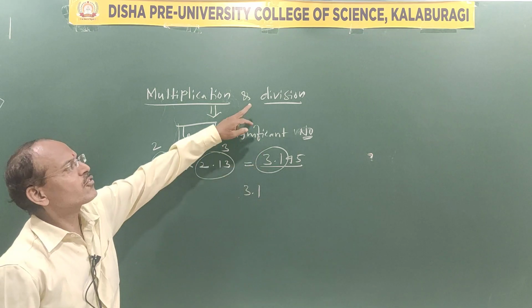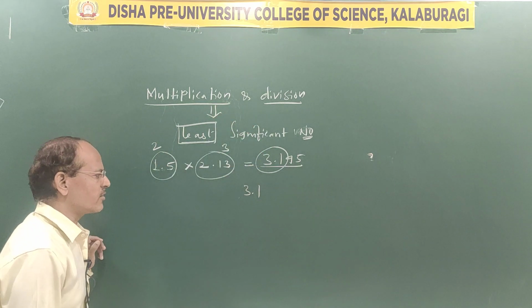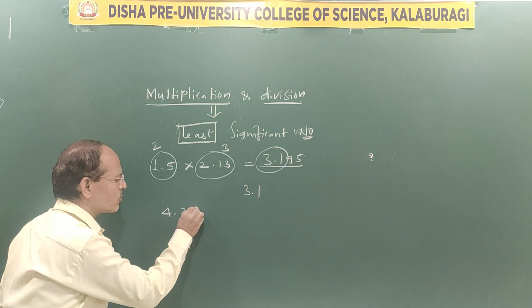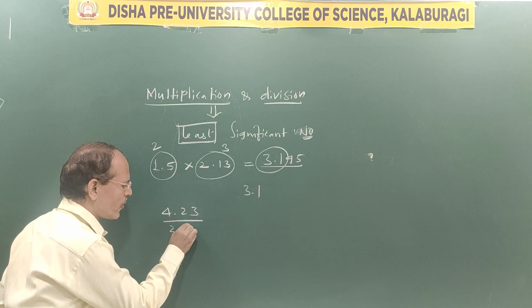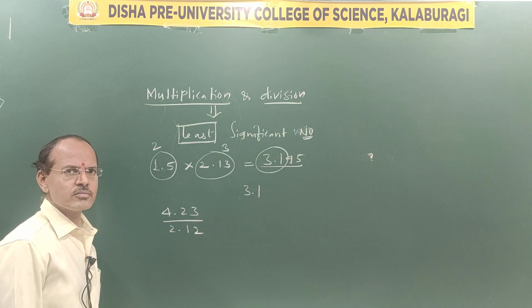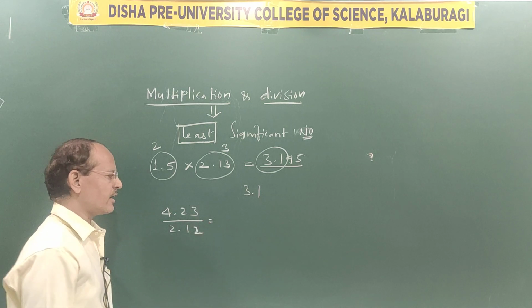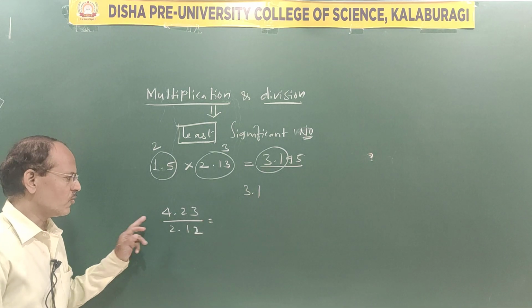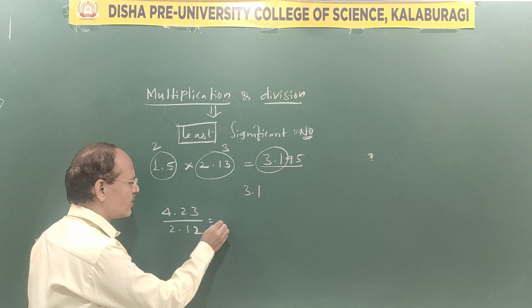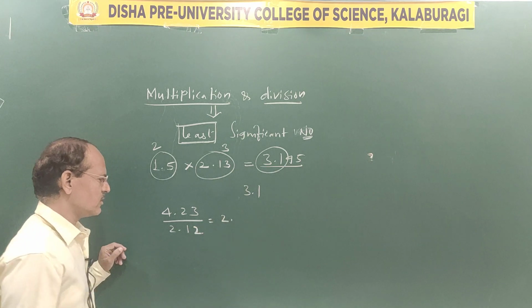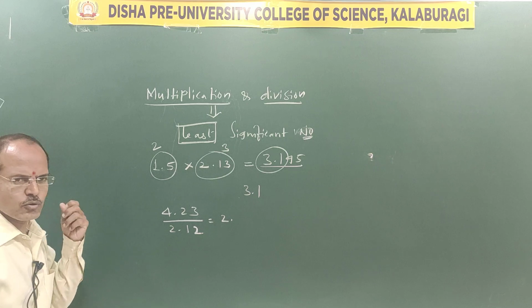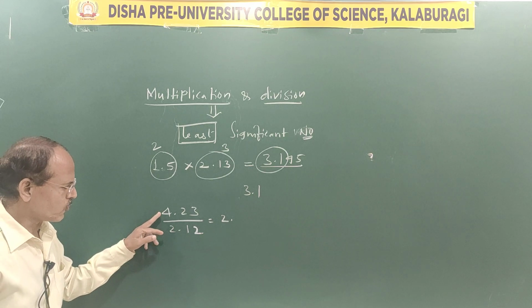In division also, for example, 4.23 divided by 2.12. At that time, what are you getting? Approximately 4 divided by 2.